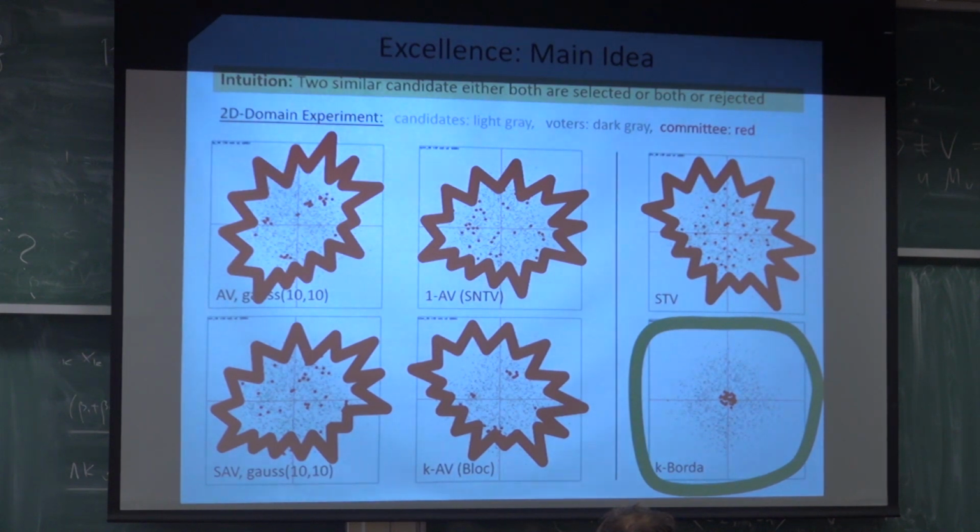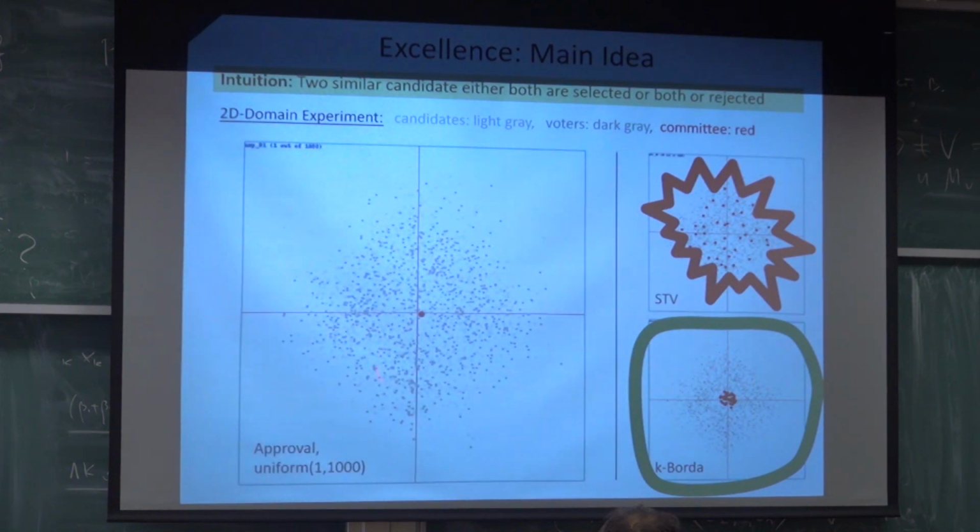So whoever also thought approval was a good choice can actually be right. Because this is again an approval election, but instead of choosing this approval set to be the closest guys to me from the Gaussian distribution, now for each candidate I choose uniformly at random the number of people he approves of.